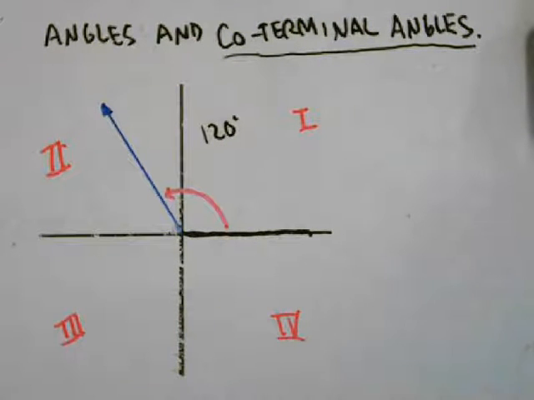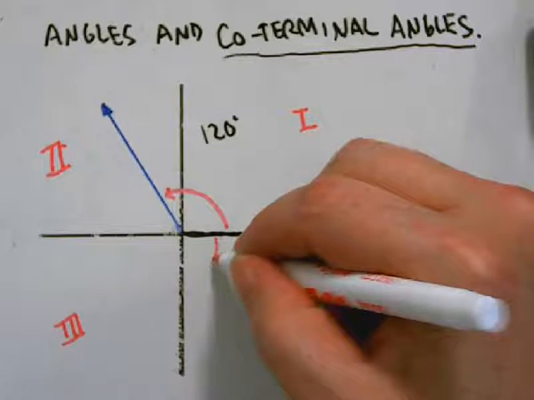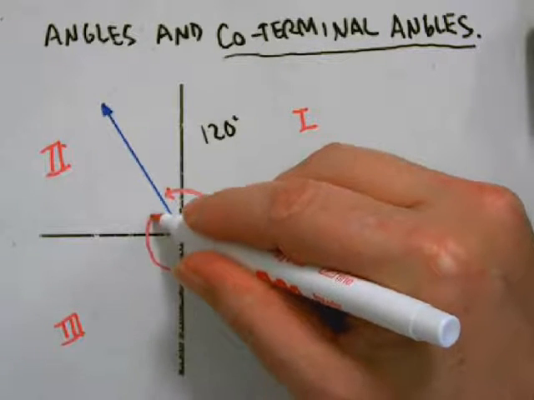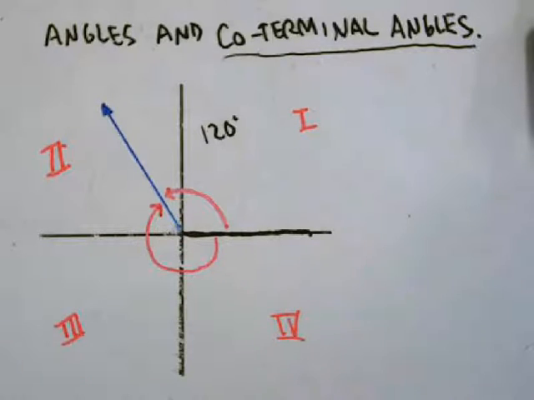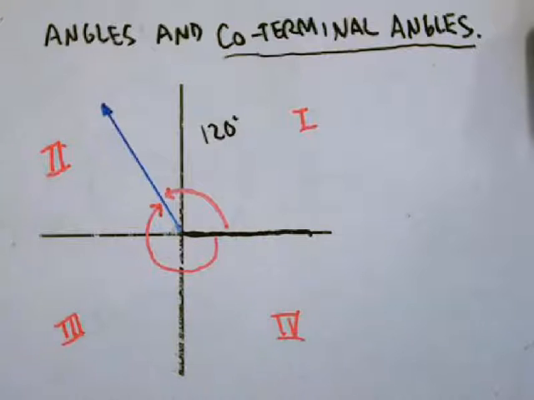Now, someone might ask you for a coterminal angle for that, or 2 coterminal angles for that, or 3. So another way to get to that terminal side in the second quadrant is that you could go in the negative direction. If you go clockwise, you'll be in the negative direction. How many degrees is that? Well, essentially, the whole circle is 360, if you remember.